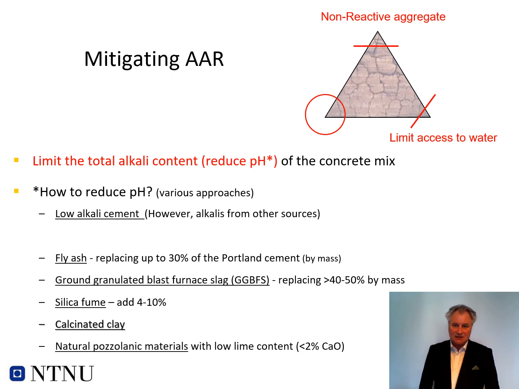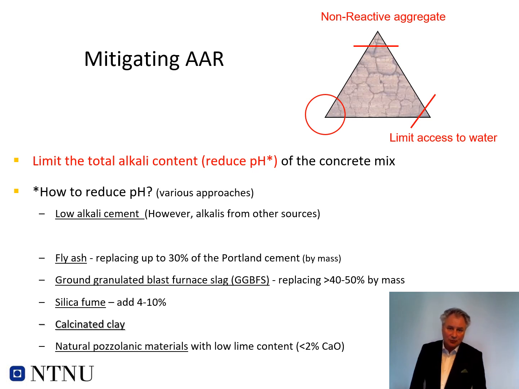You can replace up to 30% of the Portland cement by mass with fly ash. It has a pozzolanic reactivity, so it's consuming alkalis. So when you are using a fly ash cement, it will consume alkalis and keep them below the level at which AAR will occur.